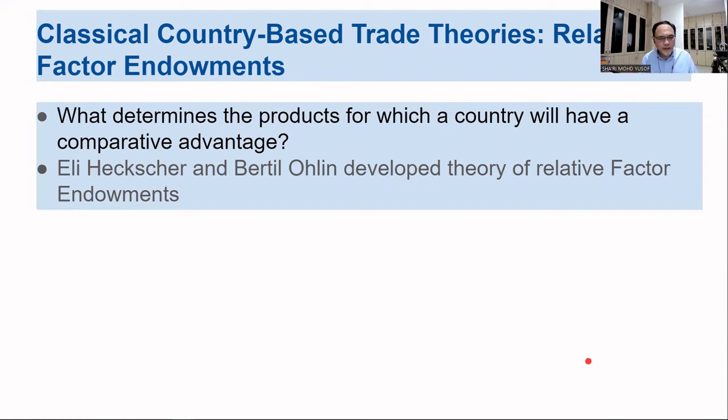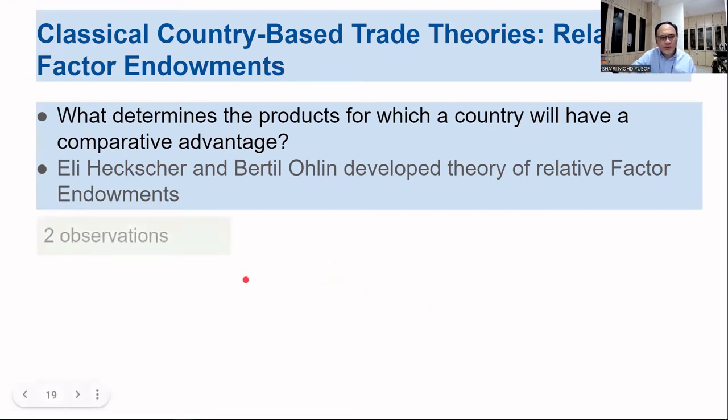So the next question is, what determines the products for which a country will have a comparative advantage? To answer this question, these two researchers, Heckscher and Ohlin, which is why it is called the Heckscher-Ohlin theory, developed the theory of relative factor endowments.